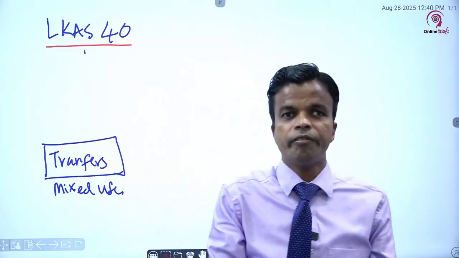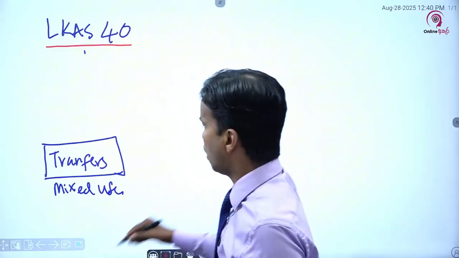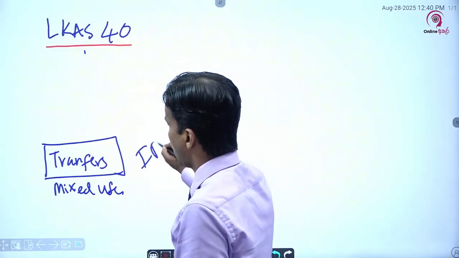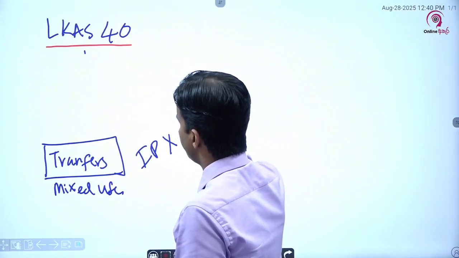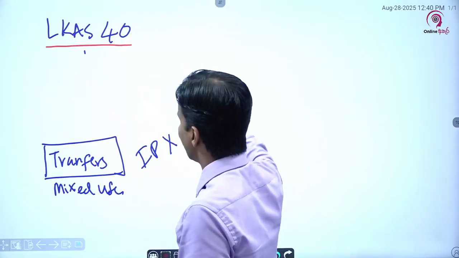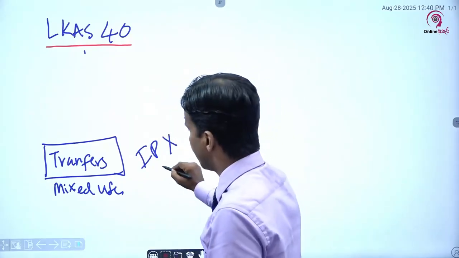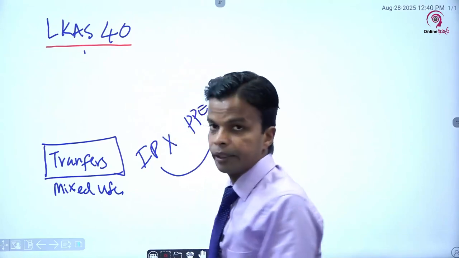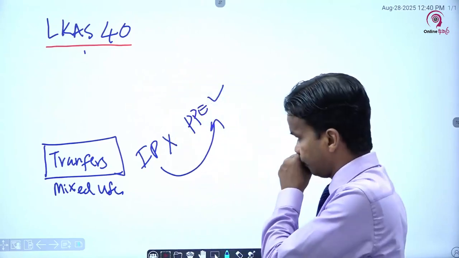So now it's not an investment property, it's property, plant and equipment, because it is part of the business. Now you can't consider it as IP, it should be PP&E. But it's sitting under IP, so it should be transferred from IP to PP&E. So what does the standard say?